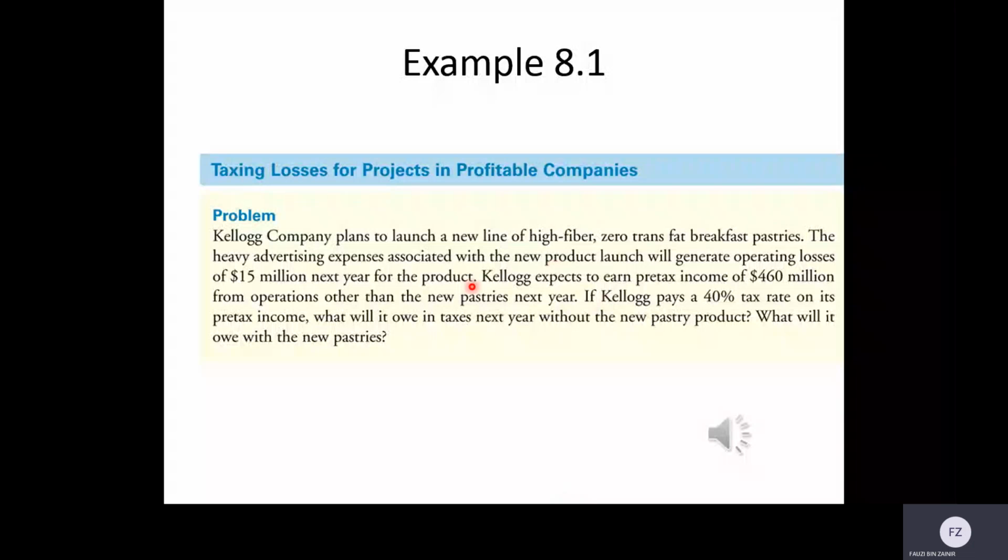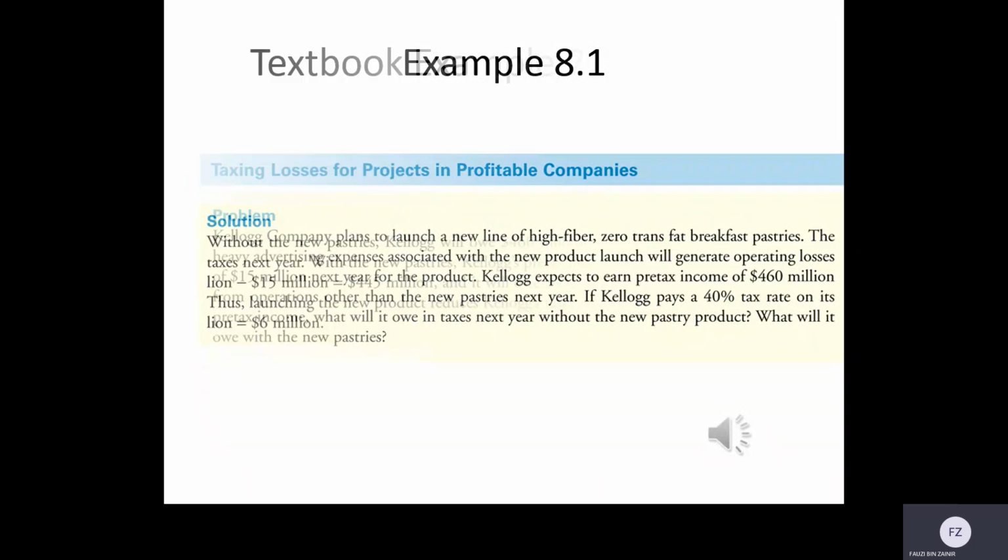Kellogg expects to earn pre-tax income of 460 million from operations other than the new pastries next year. If Kellogg pays a 40% tax rate on its pre-tax income, what will it owe in taxes next year without the new pastry product? And what will it owe with the new pastries?